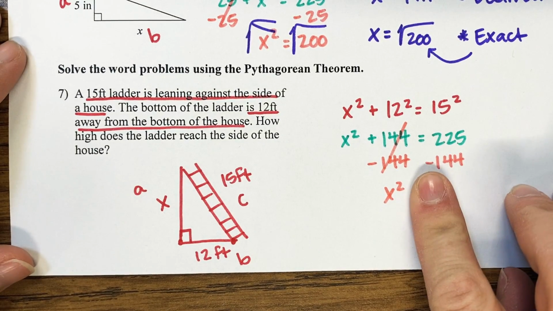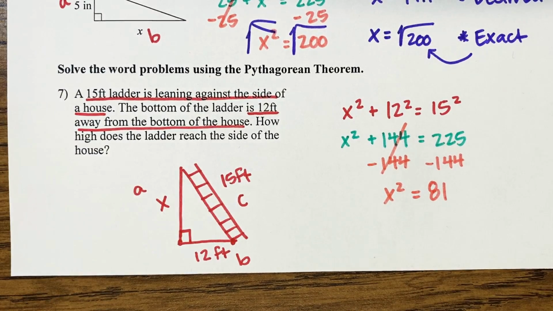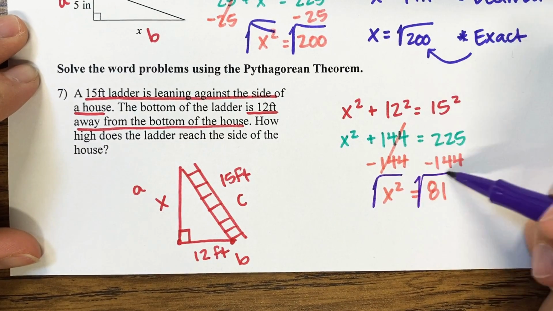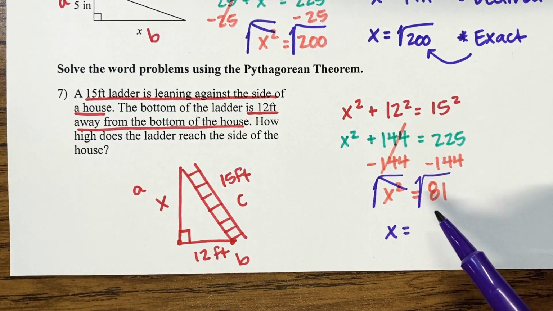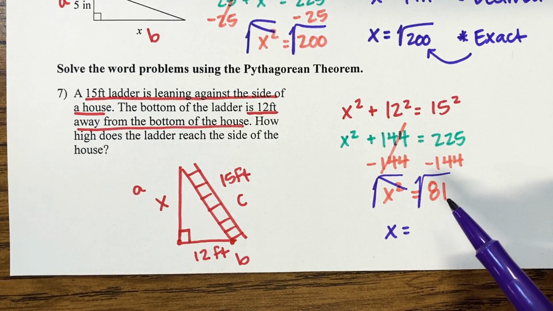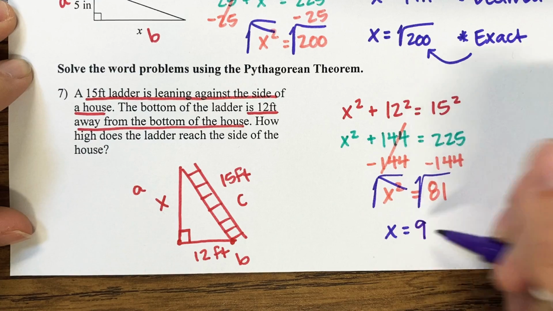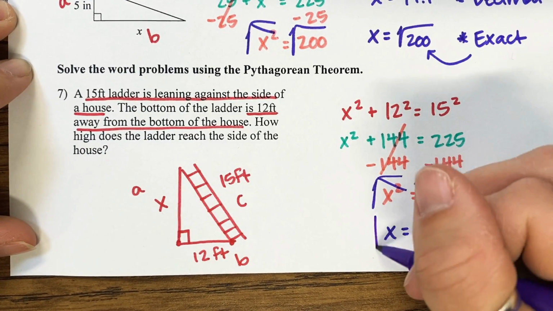Okay, and my very last step for getting X by itself, square root both sides, that'll give me X all by itself. And the square root of 81, or what number multiplies by itself to give me 81, is 9, because 9 times 9 is 81.